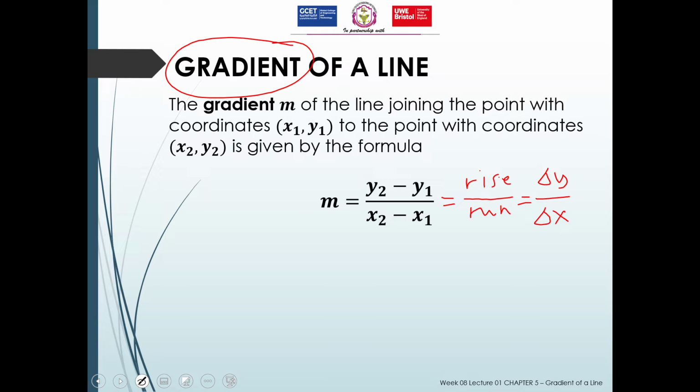So remember this equation, this is very important. To determine the gradient of a line given any 2 points, we can get it by simply using this formula: the difference of y divided by the difference of x coordinates.